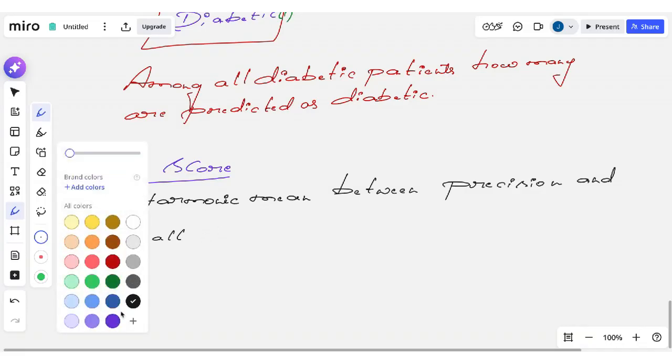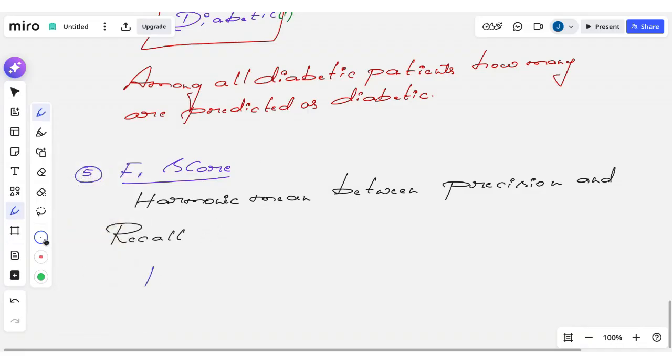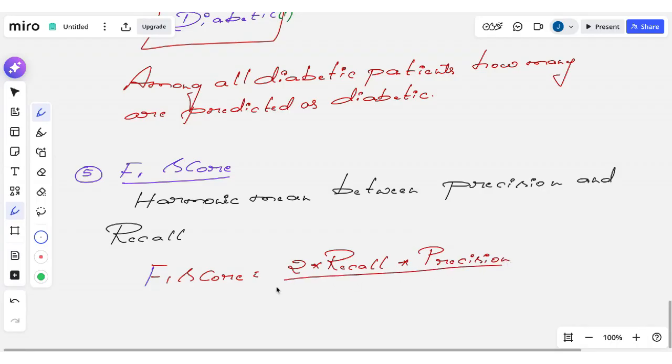It gives you the F1 score, and the formula is 2 times precision times recall divided by recall plus precision. It can be used when data is balanced or imbalanced, but there is a specific use case. I'll tell you after this when to use what.